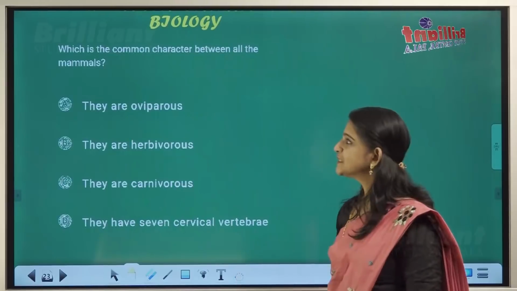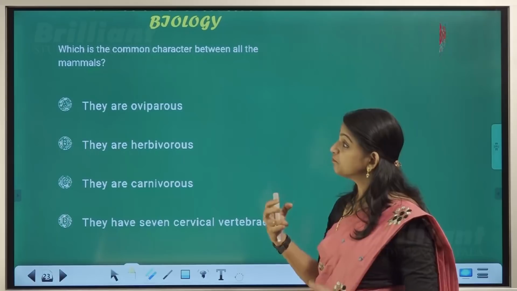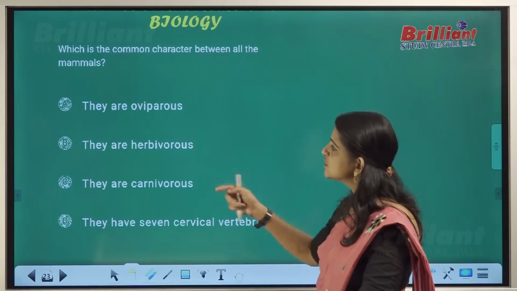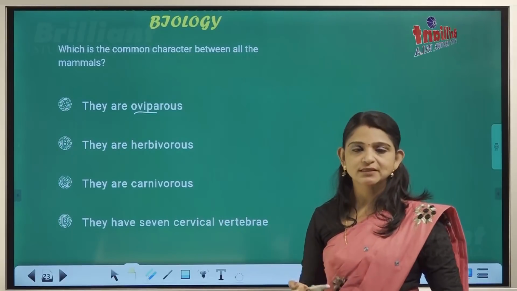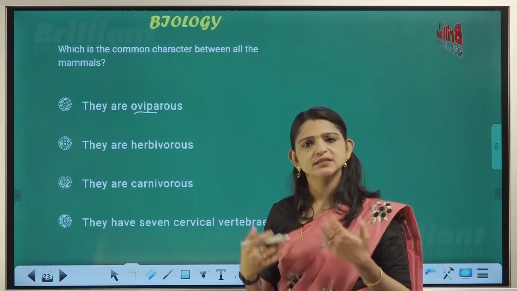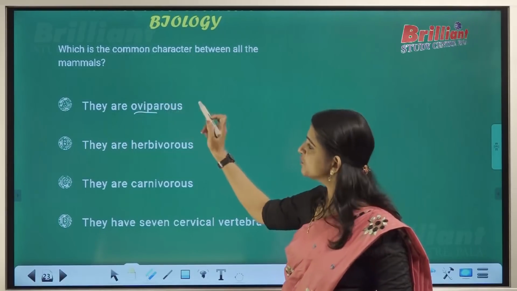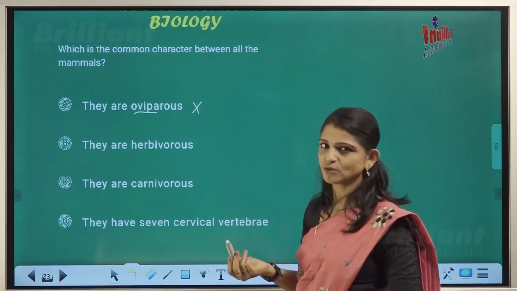Which is the common character between all the mammals? They are asking about mammalian characters. First one, they are oviparous. We cannot say that all mammals are oviparous because oviparity and viviparity are both exhibited in mammals. That's a wrong statement.